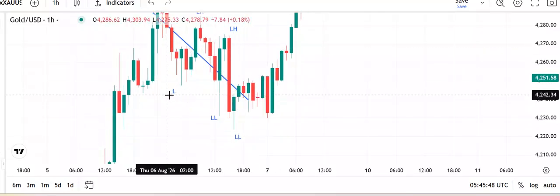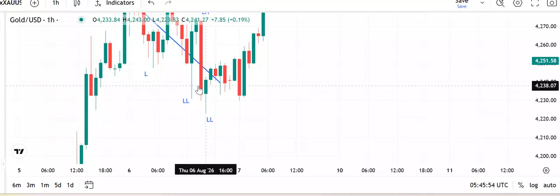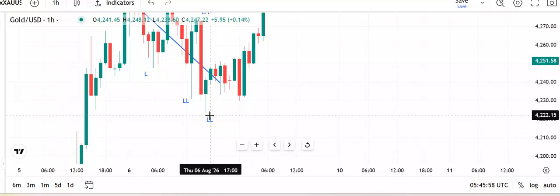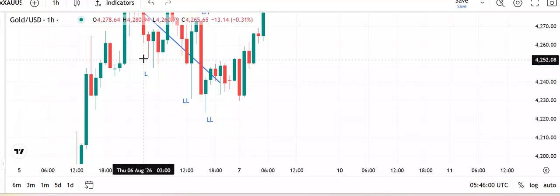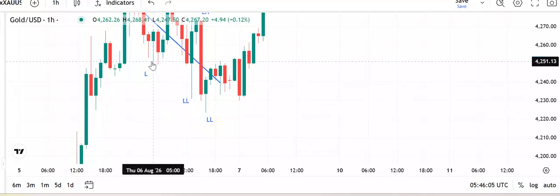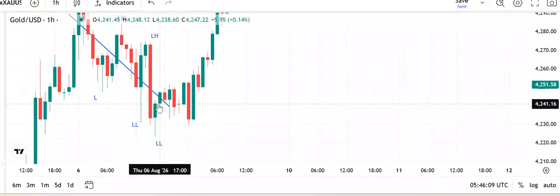So we have a low, a lower low. This low is lower than this low, and we have another lower low. There's no other lower low here, so this will be our external lower low, while this previous lower low is still within the leg. So this will be our internal low. Then 1, 2.